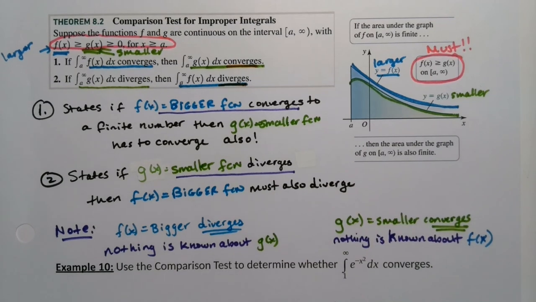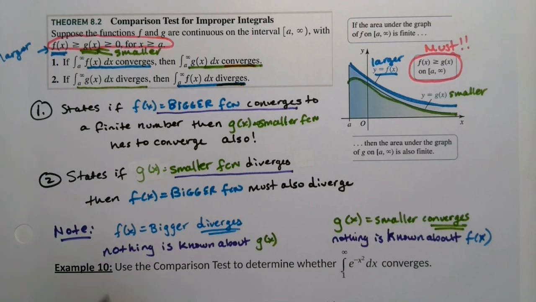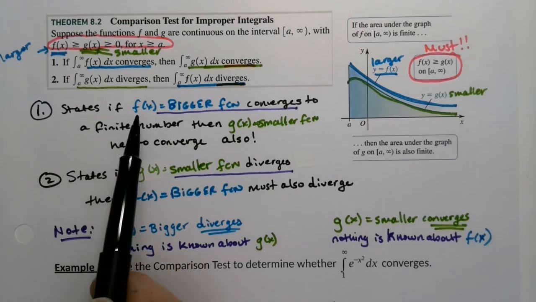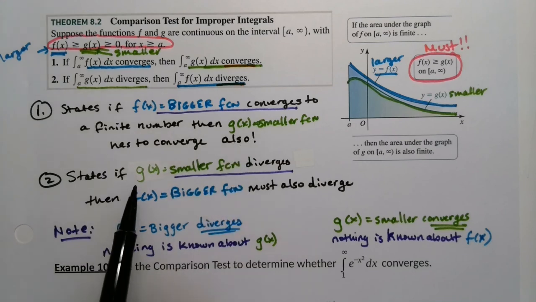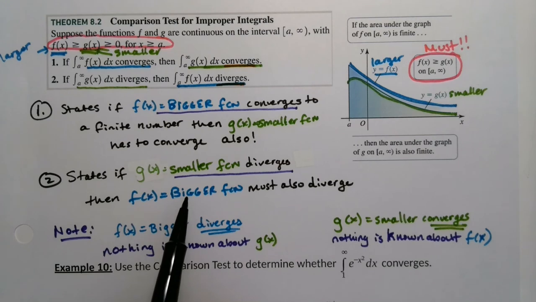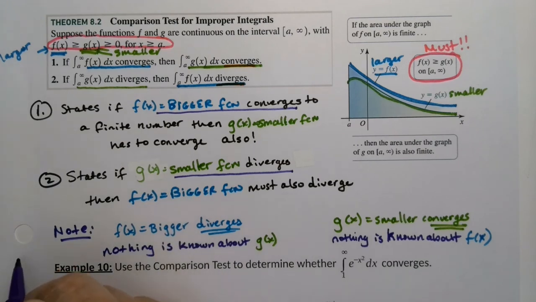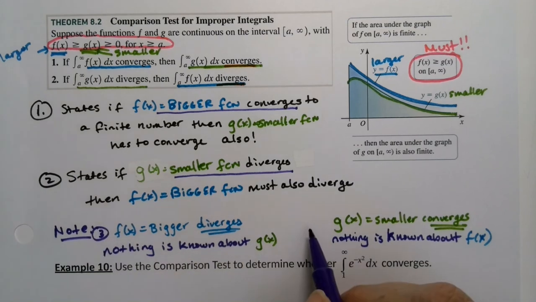So there's 4 cases, if you will. 1 and 2 are the ones you want. If the bigger one converges, the little one will too. If the smaller one diverges, then the bigger one will too. But this one and this one are useless to us. This is, if you will, case 3 and case 4.